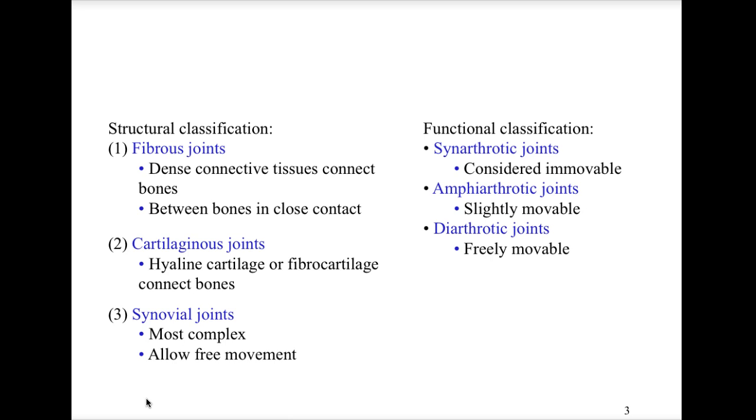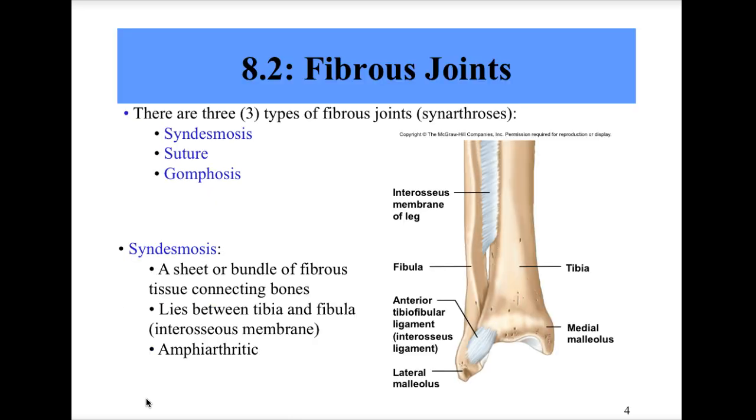Synarthrotic joints are immovable joints. Then you have the amphiarthrotic, which are slightly movable. And then you have diarthrotic joints, which are freely movable. They have the most movement. As we go through, you'll revisit some of the structural and functional classification of the joints themselves.